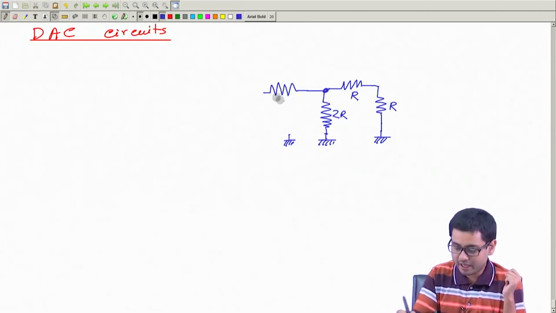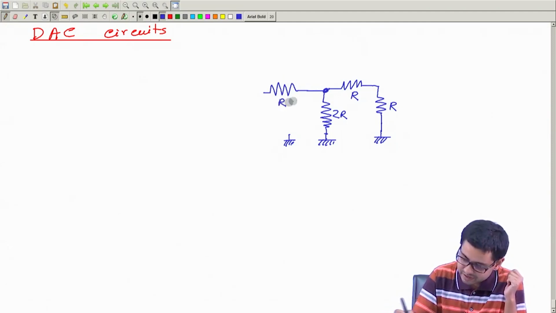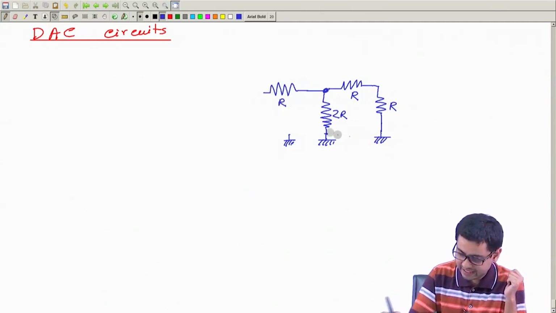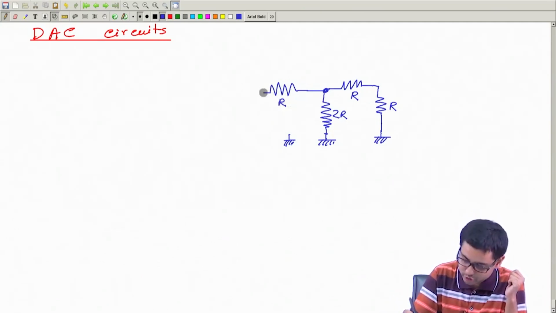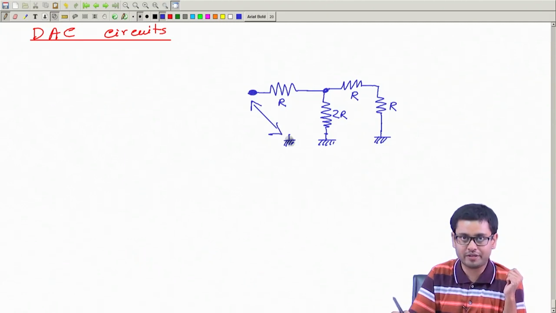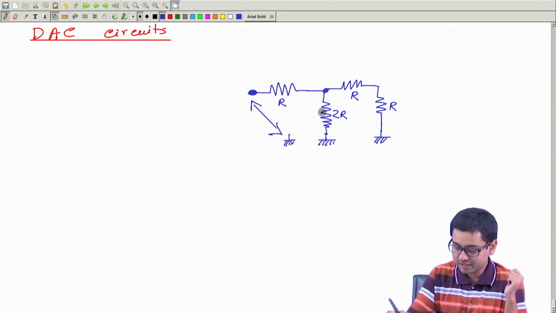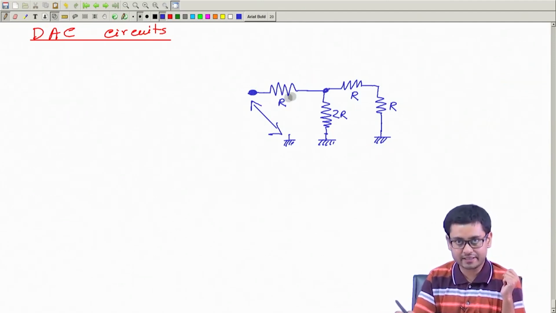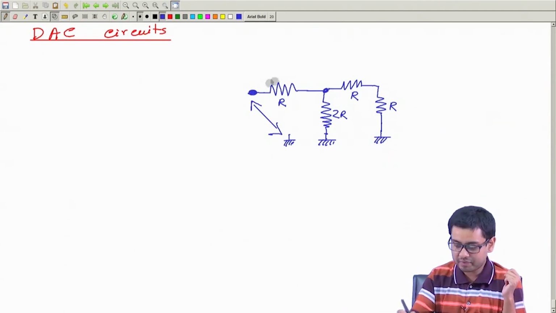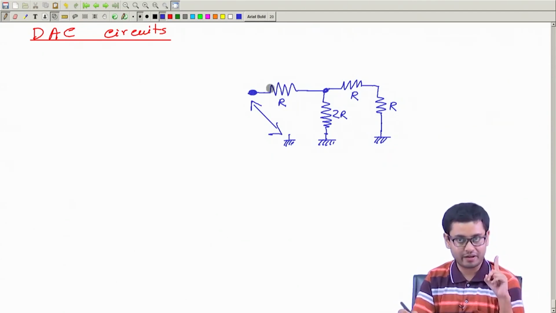Now this and this entire thing, you can think they are in series. So between the ground and this point, this is R and another R in series. R plus R is 2R.